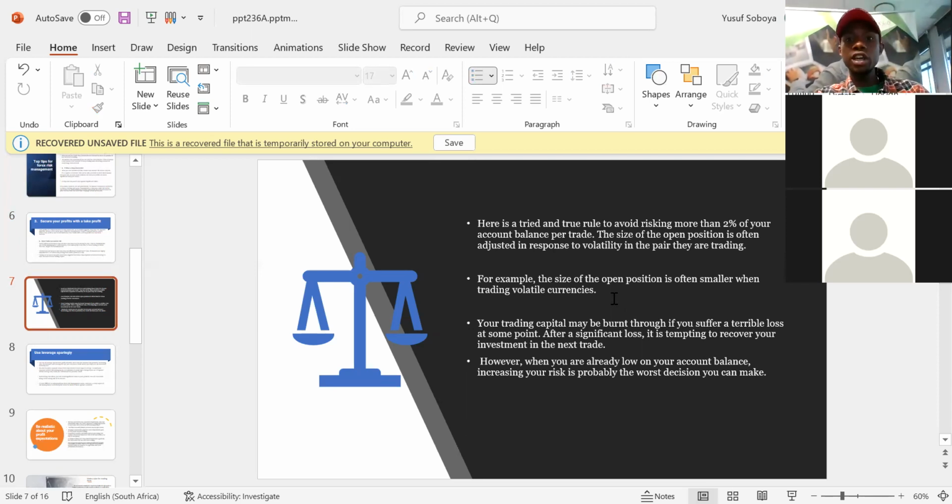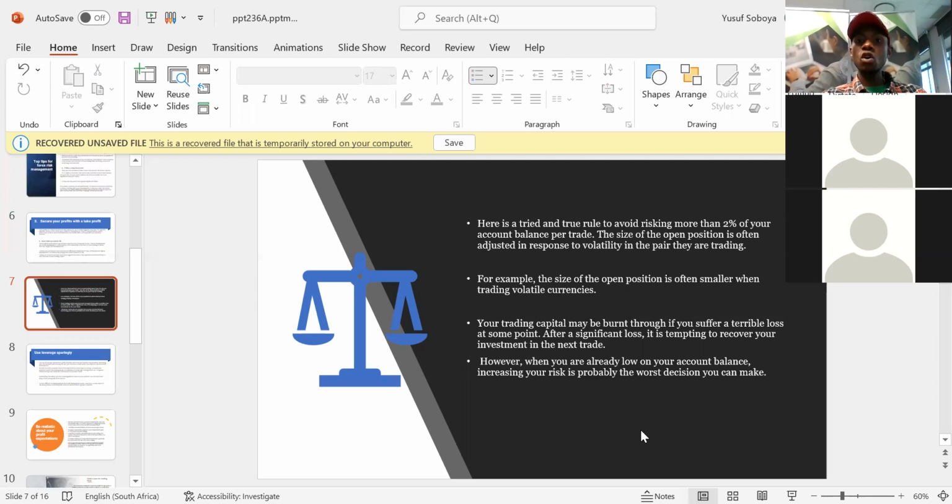So here is a tried and true rule to avoid risking more than 2% of your account balance per trade. The size of the open position is often adjusted in response to volatility in the pair that they are trading. For example, the size of the open position is often smaller when trading volatile currencies.